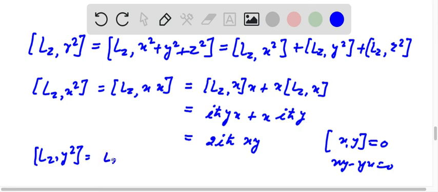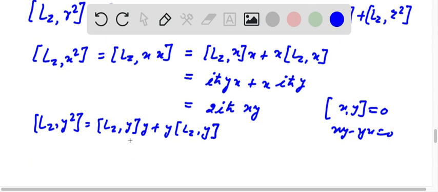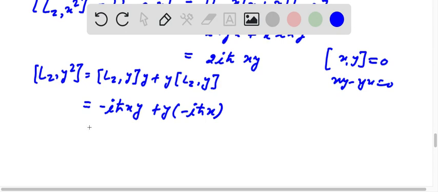Similarly, Lz with y square is equal to Lz y y plus y Lz y. Now use the result of part A, that is Lz with y is minus iħ x, and y plus y minus iħ x, and this is minus 2iħ xy.